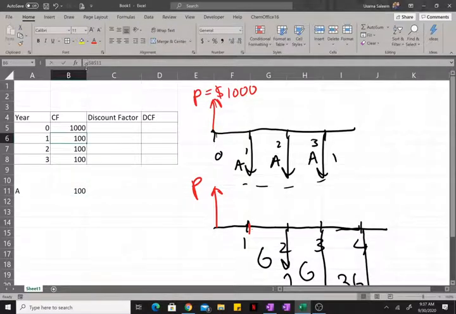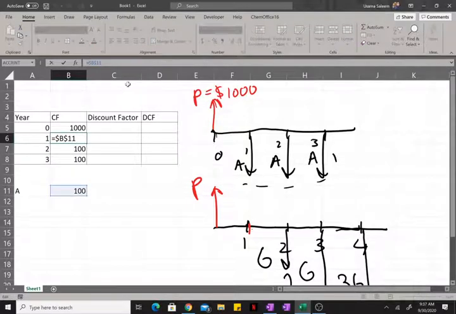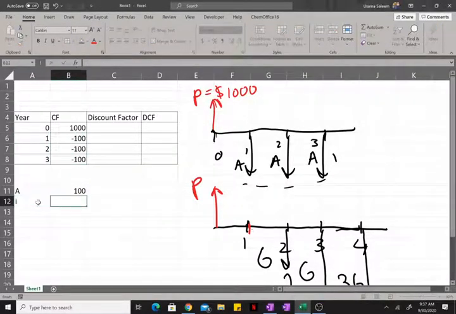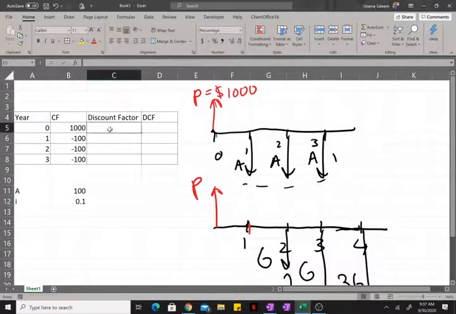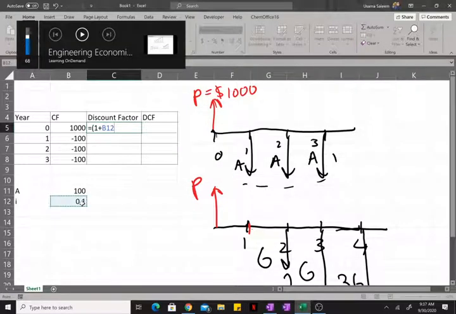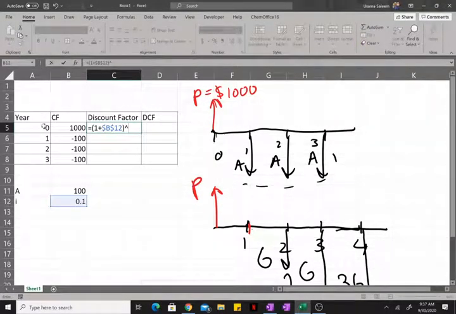It has to be negative because I am paying it off. My interest rate was equal to 0.1. The discount factor for each year is going to be 1 plus the interest rate, absolute reference, raised to power negative of that year.